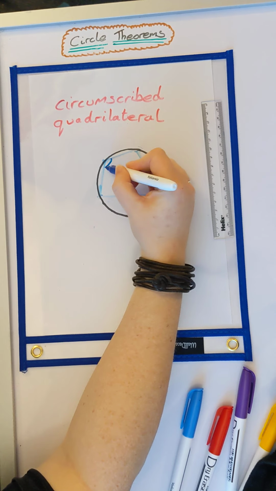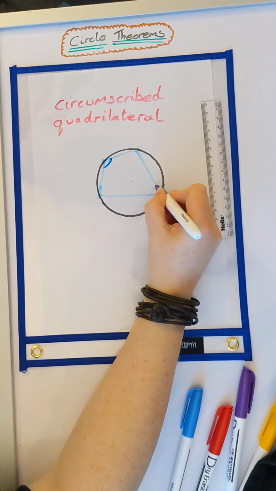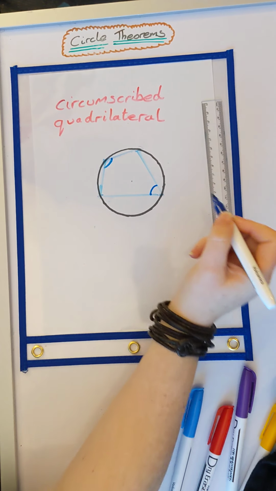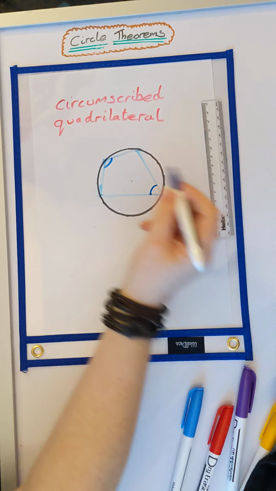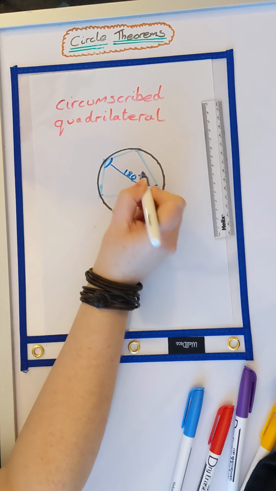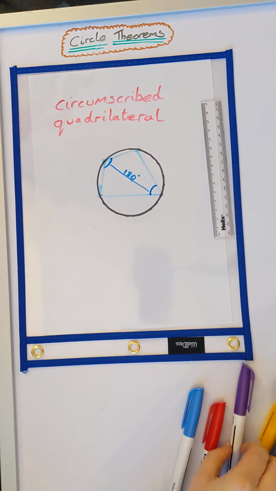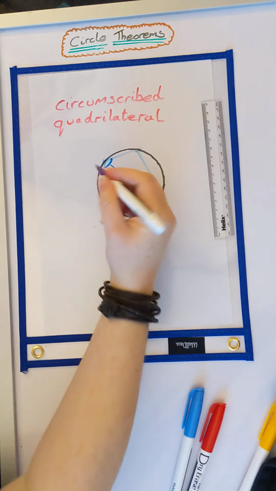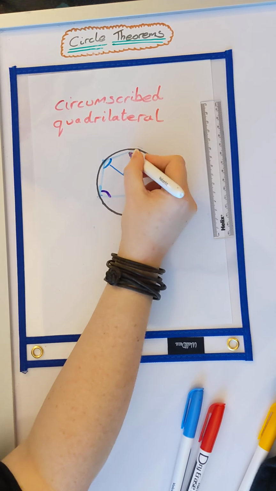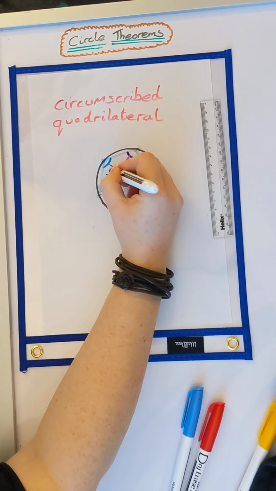But because it's inside a circle, it gives us certain properties. This angle plus this angle will equal 180 degrees. And the same the other way. This angle plus this angle will equal 180 degrees.